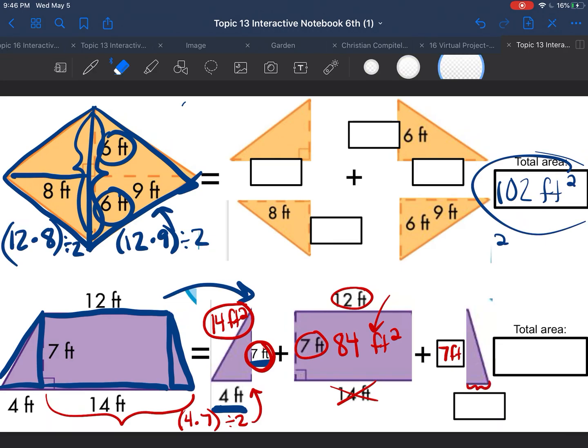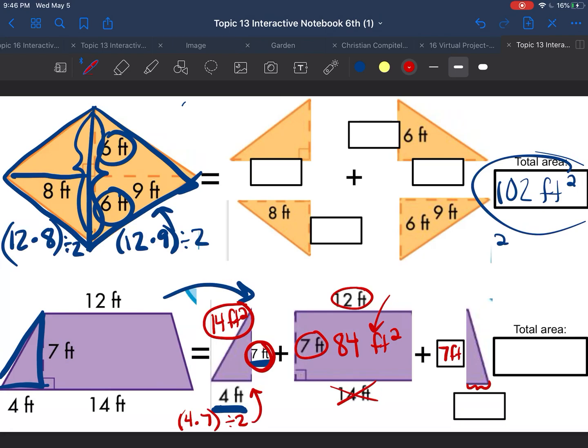So let's look back at this trapezoid. This dimension is 12 right here, and this whole entire thing is 14. So what would be the remaining section? If 12 goes up to here and the rest needs to be added to get to 14, what would that be?